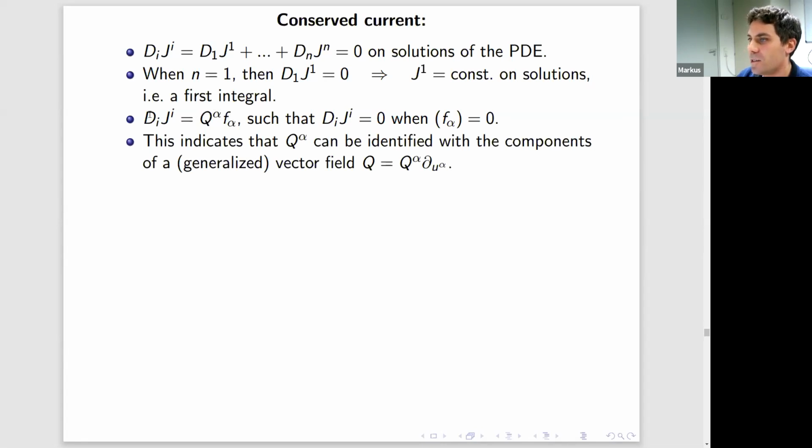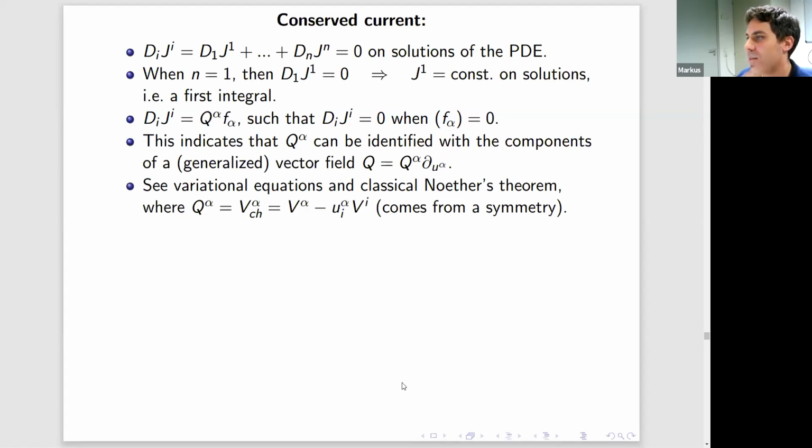I hope it makes sense for you somehow. If you accept this, then you see that q maybe can be identified with the components of a generalized vector field, because you have here this Einstein summation and covariant and contravariant objects. Also, you can look at Noether's theorem, and this q will be exactly the characteristic component of the vector field.